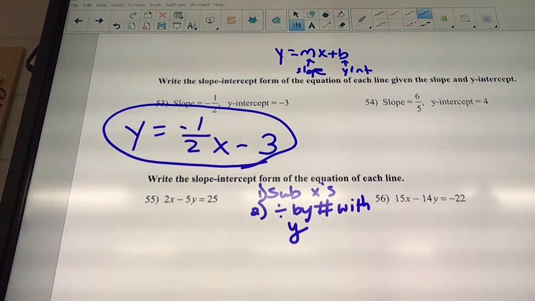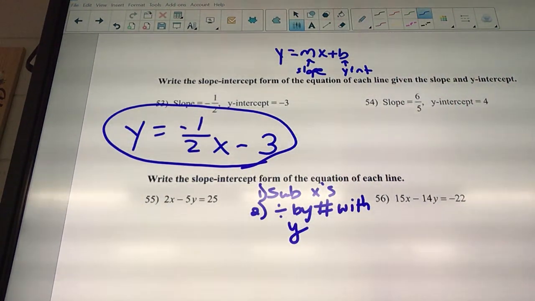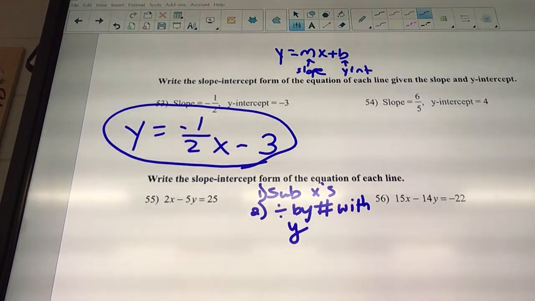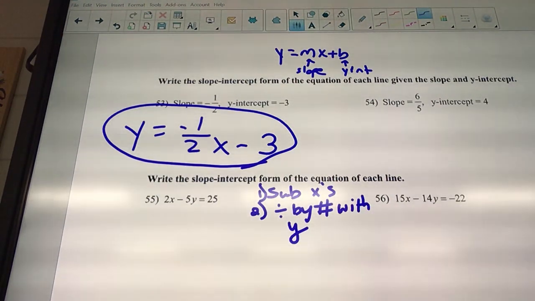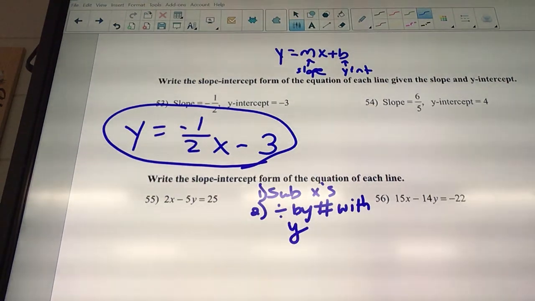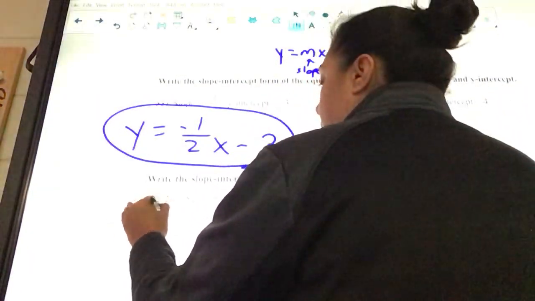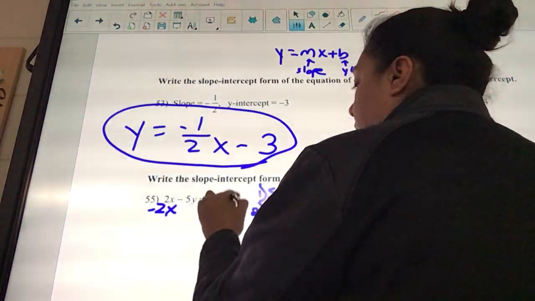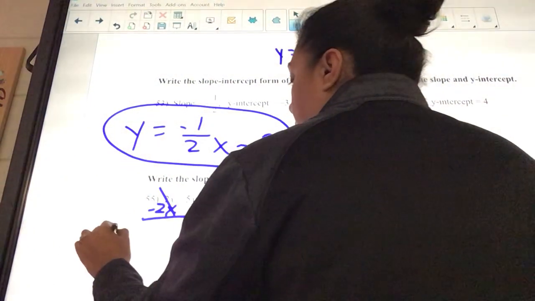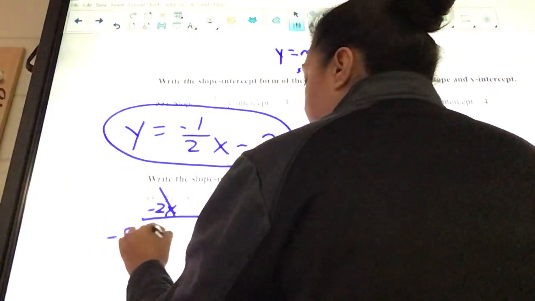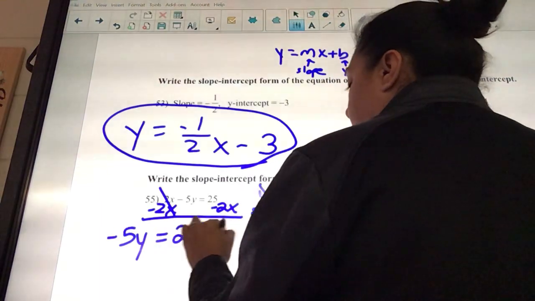So, what are the x's? What number is by the x? So 2. So we're going to say minus 2x. Okay, so I'm going to get negative 5y equals 25 minus 2x.